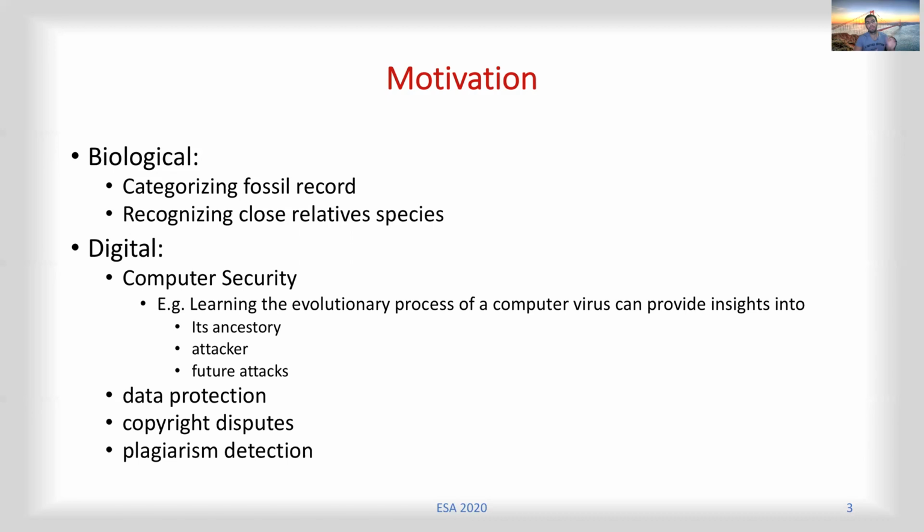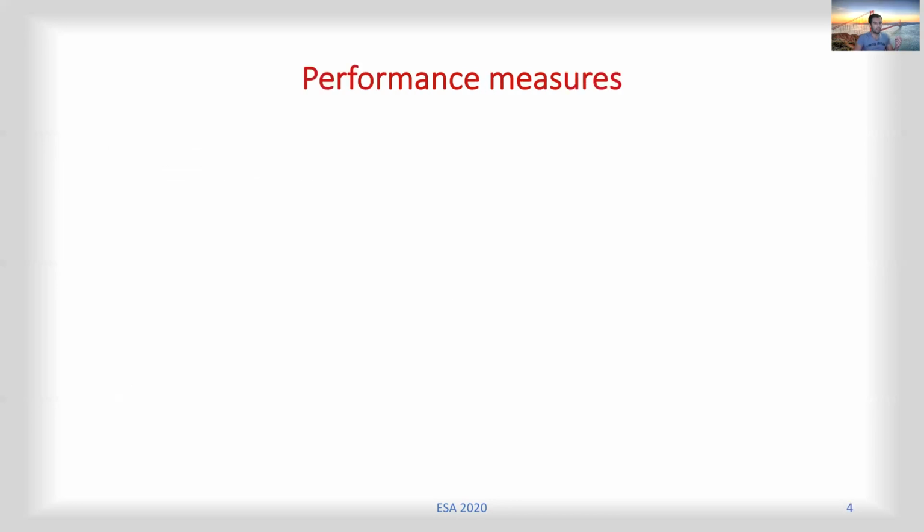For example, studying the evolutionary process of a computer virus can provide us some information about its ancestry, about the characteristics of the attacker, and also about the ways that future attacks may appear, what they look like, and where they are going to appear.